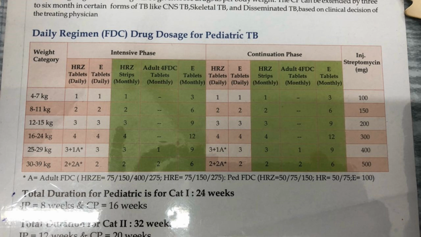If you have a 4 to 7 kilo child, you give 1 tablet of HRZ and 1 tablet of E in the intensive phase, and in the continuation phase 1 tablet of HR and 1 tablet of ethambutol. I have this chart pasted on my table, so every time I need to refer, I have it with me to decide on the dosing.